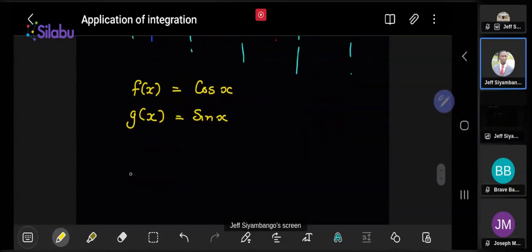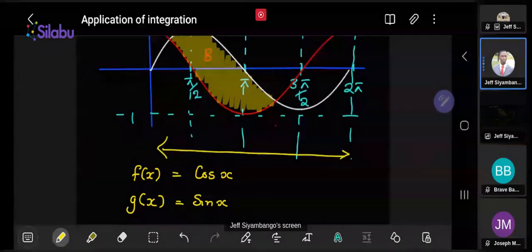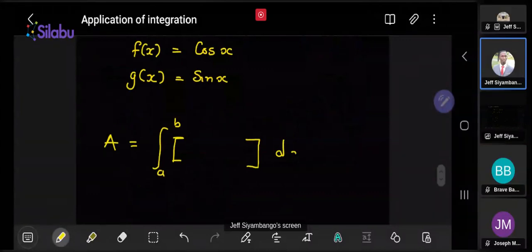Once you have these, the area bounded is going to be the integral from a to b of the function on top minus the function down, with respect to x, because this is on the x-axis, so we'll say dx.